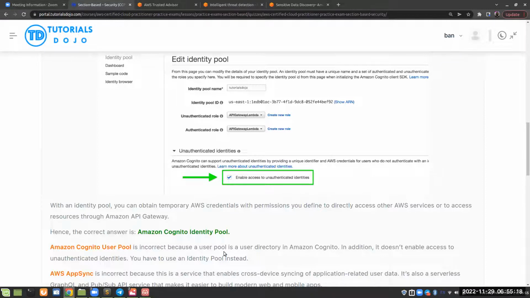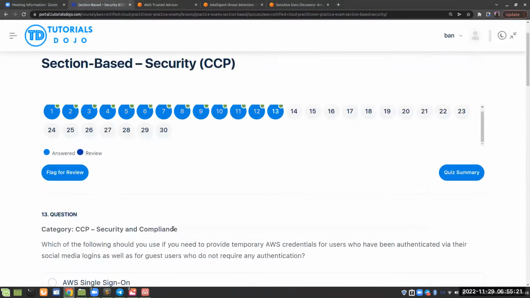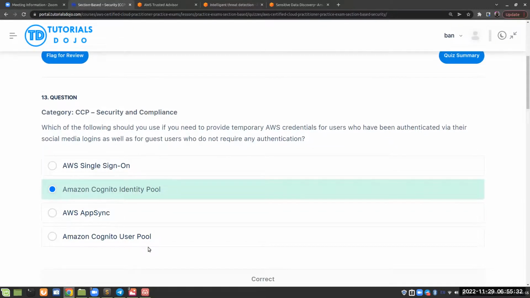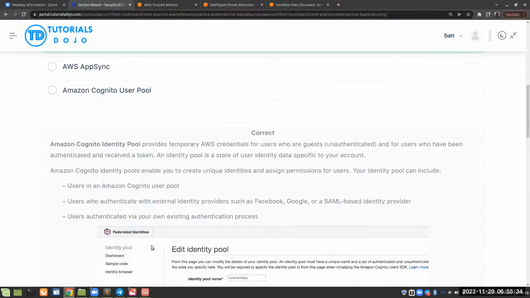So I know when you do these services, because that's what I encountered, and of course, I also did struggle with this. People always struggle with what's the difference between Cognito Identity Pool and Cognito User Pool, right? So the first thing I want you to always remember is that Cognito Identity Pool can include users in the Amazon Cognito User Pool.